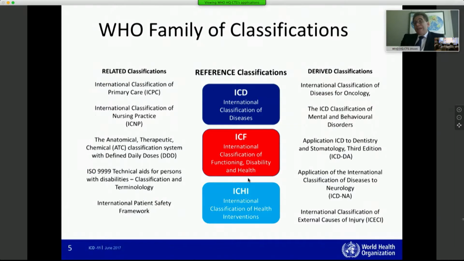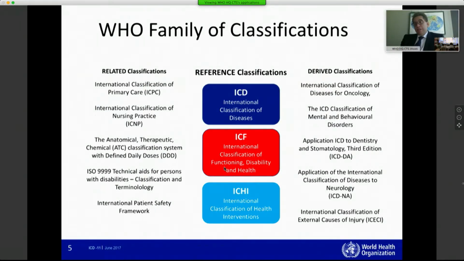Now, ICD is not standalone. Many of you may know, others may not, that we have this family of classifications. I will not go too much into detail here, but just to point out, we have here in color in the middle the reference classifications, and in ICD-11, for example, the second one, the ICF, the functioning classification, is linked into the ICD with the functioning properties, allowing some basic assessment of functioning.